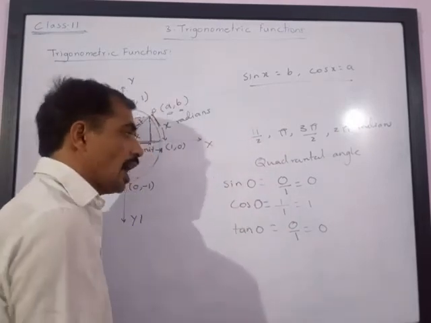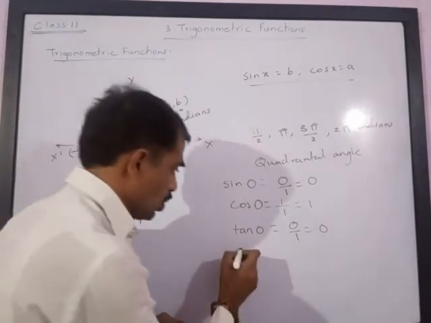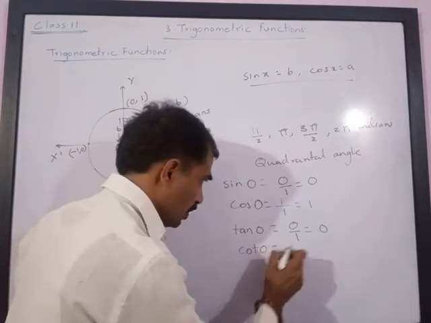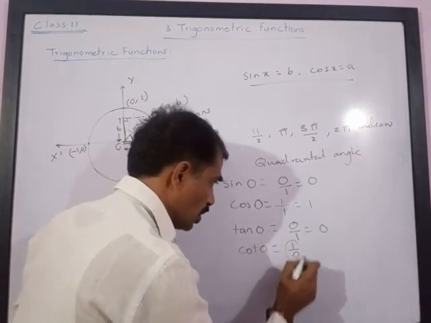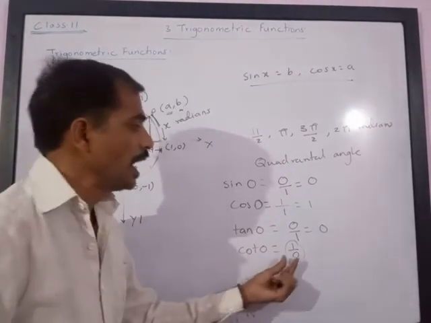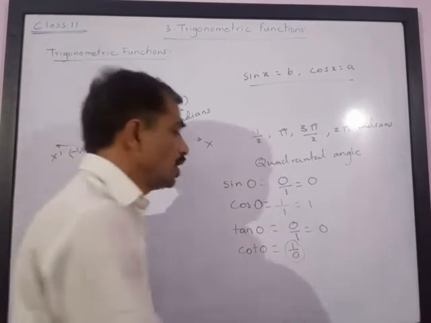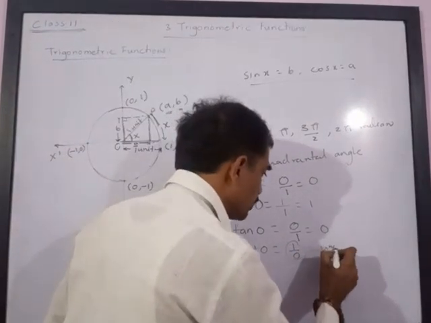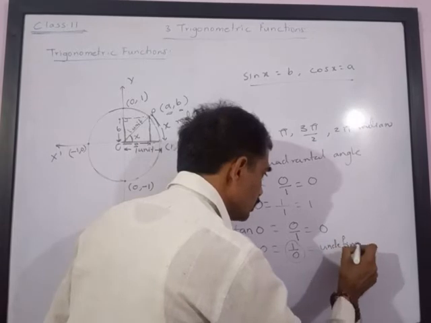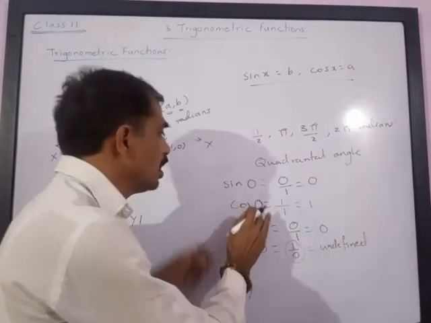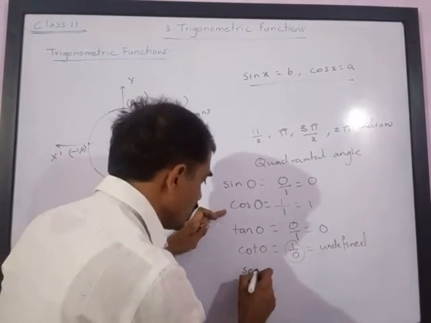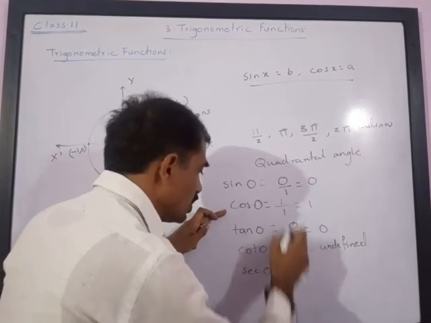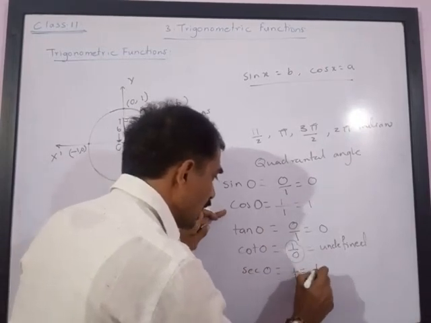It means other ratios also can be found, that is cot 0 will be equal to 1 upon 0. Please note, 0 is at the denominator, hence we cannot define the value. So this value is undefined. Then sec 0 is equal to 1 upon 1, that is again 1.